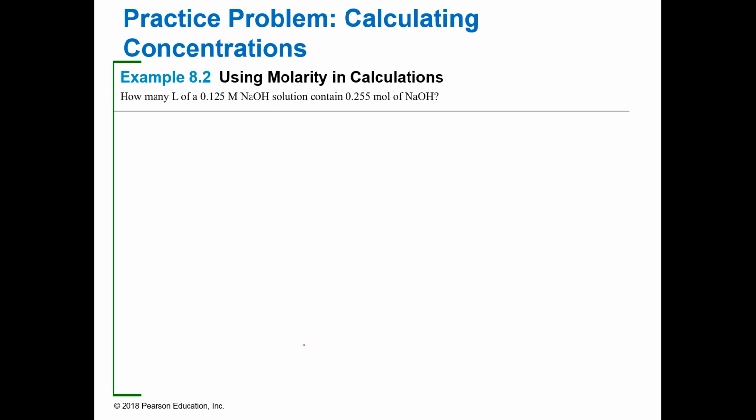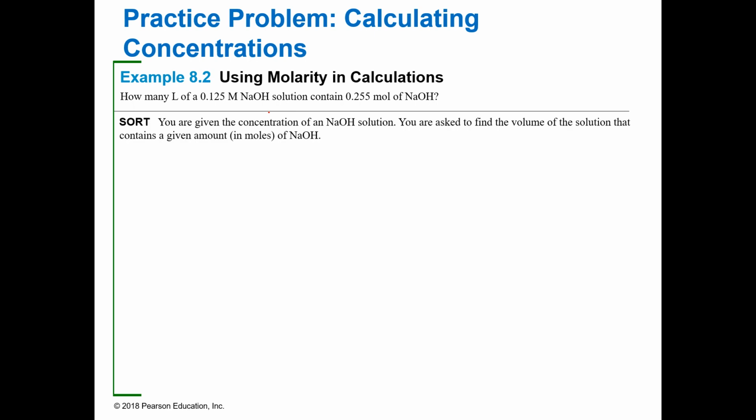So let's look at this one. How many liters of 0.125 molar sodium hydroxide contains 0.255 moles of sodium hydroxide? So what are we given? We're given the concentration, and we're given moles of our solute. And we're looking for liters of the solution.